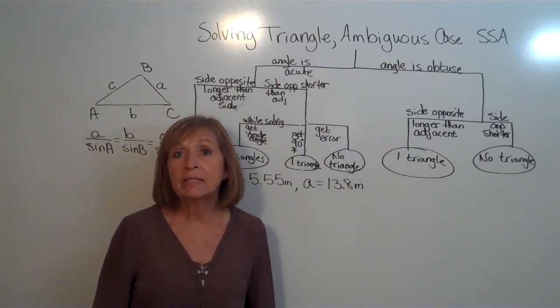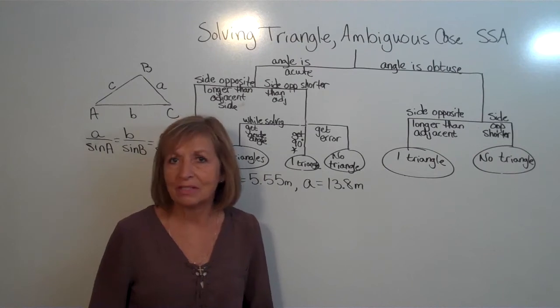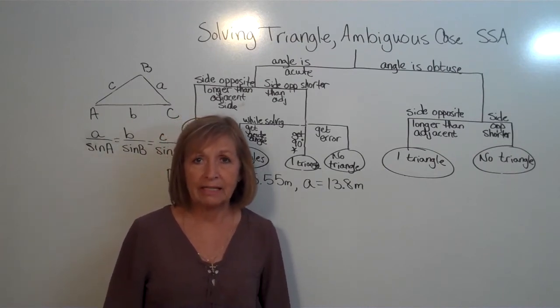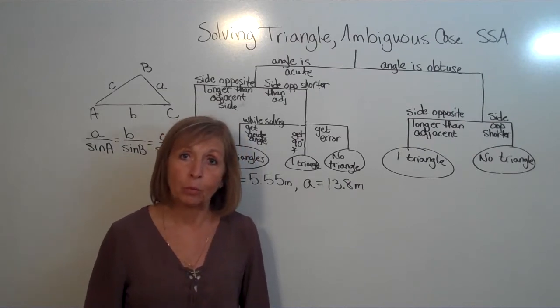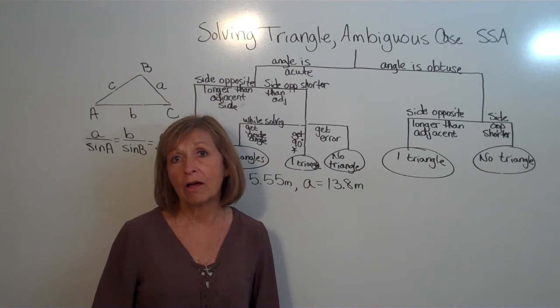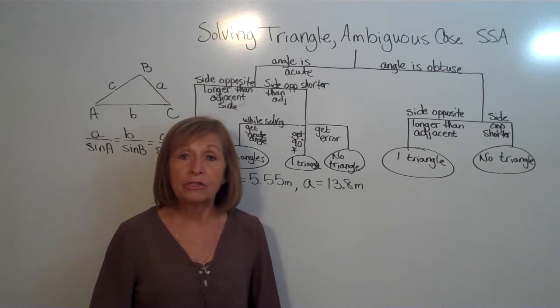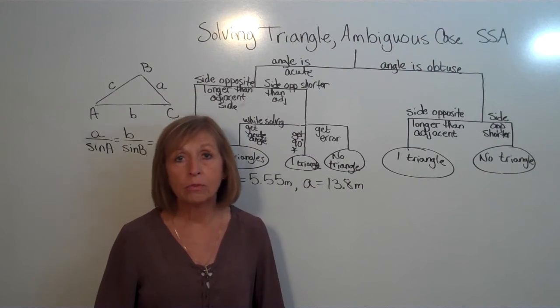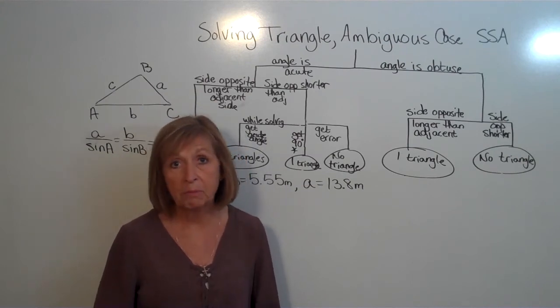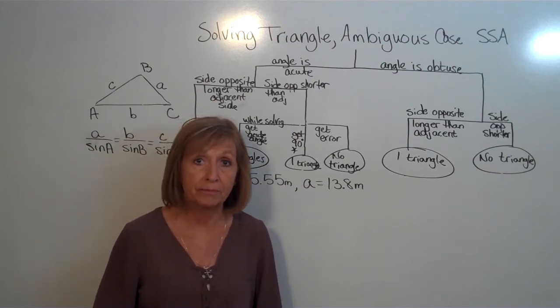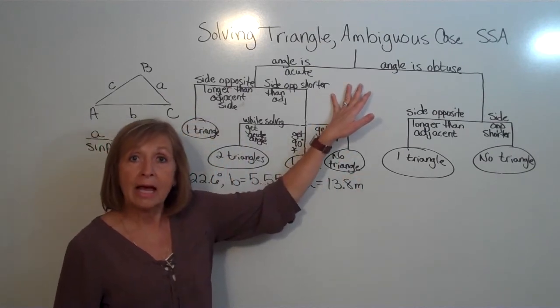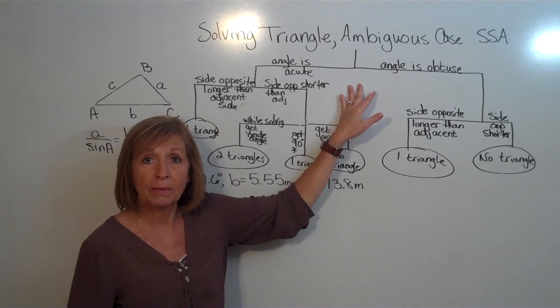It's called the ambiguous case because there are a lot of different scenarios that might occur, and we have to look at the information that's given to us, and also what results as we work with that information through the law of sines, in order to determine whether we have no triangle, one triangle, or sometimes possibly two different triangles. So let's look at this thought process to help us determine what we have.